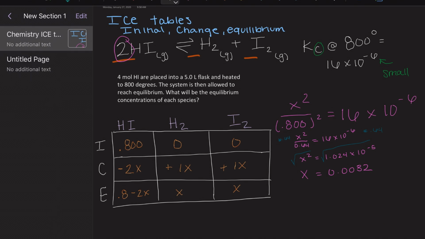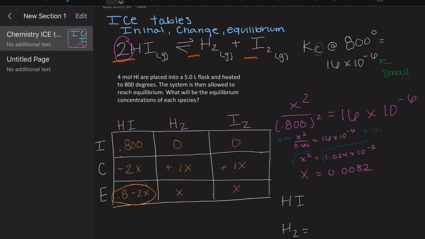And we can put that information into the equilibrium row of our ice table to find our concentrations. To do that, I'm just going to write HI, H2, and I2.